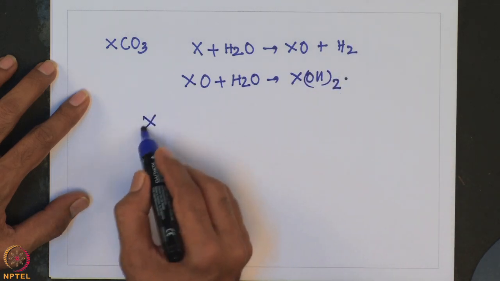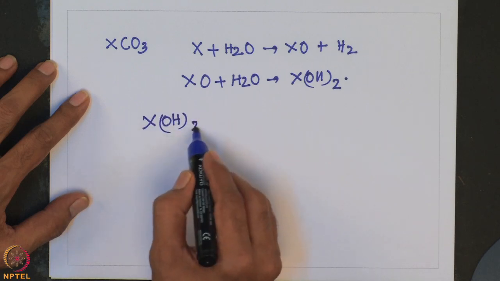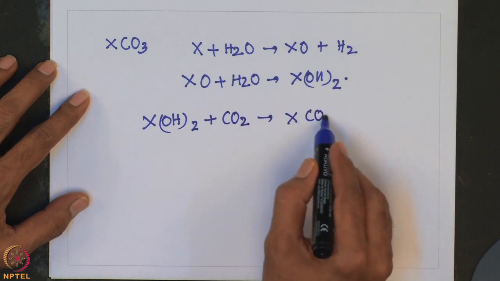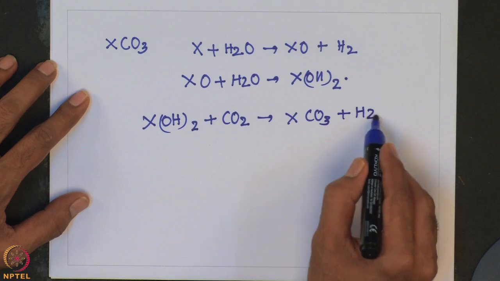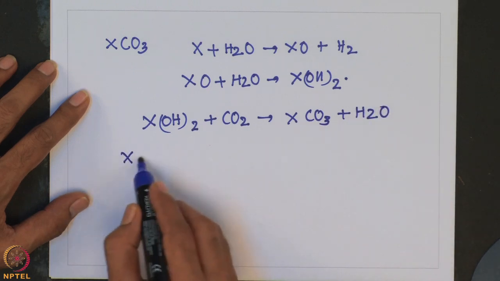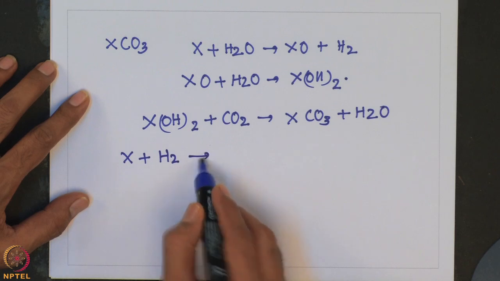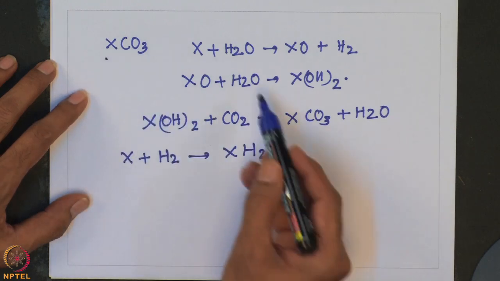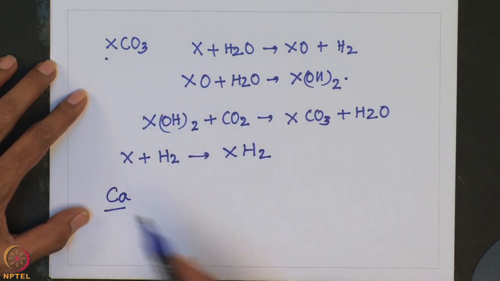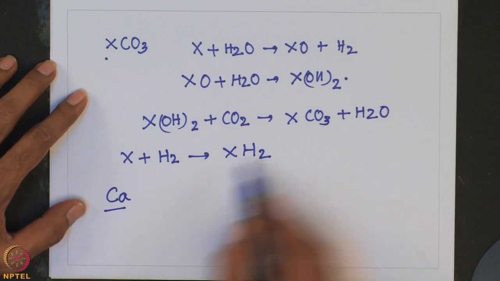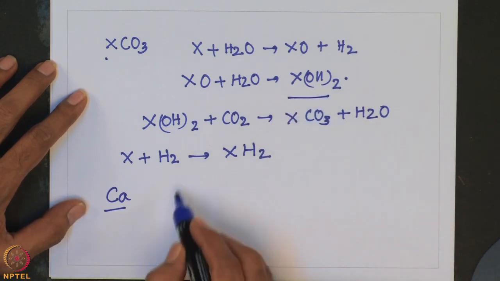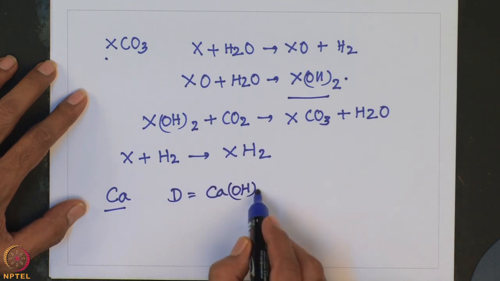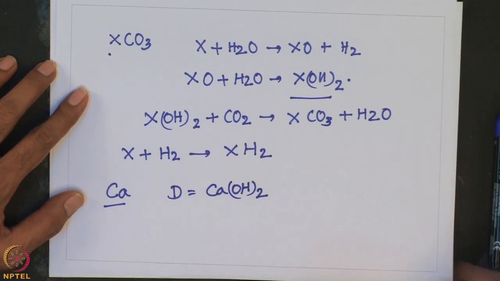And this hydroxide reacts with CO2 to give XCO3 back plus H2O. X plus H2 gives XH2. So, it is completed now. Obviously, X is calcium and D is calcium hydroxide. So, this is the answer for this question.